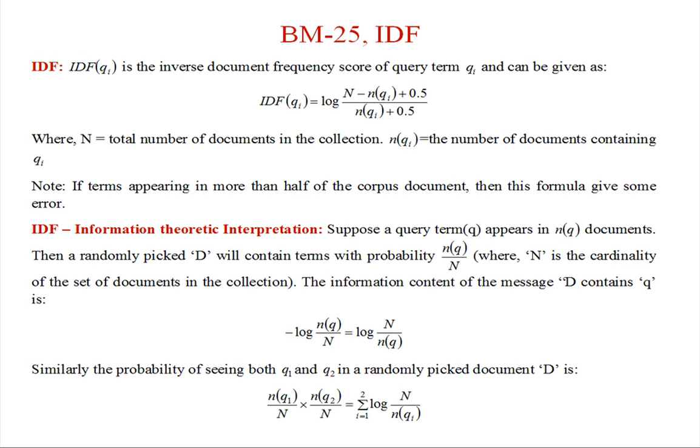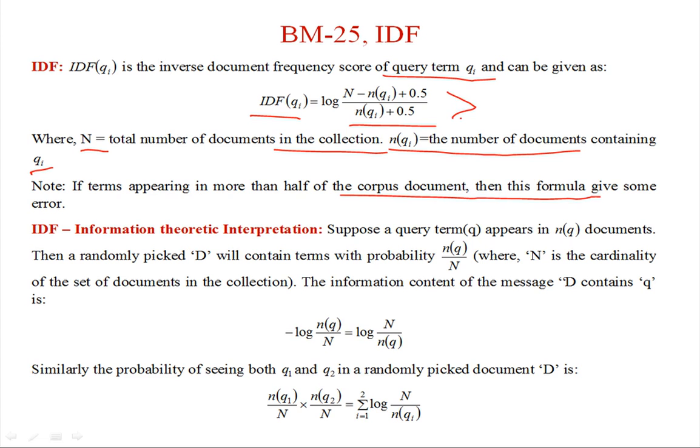Actually, IDF(Qi) is the inverse document frequency score of query term Qi, and it can be given as IDF(Qi) equal to log of capital N minus n(Qi) plus 0.5 divided by n(Qi) plus 0.5, where capital N is the total number of documents in the collection and n(Qi) is the number of documents which contain the query term Qi. This is for balancing. If a term appears in more than half of the documents in the corpus, then this formula gives some error. This is the major demerit of this formula.